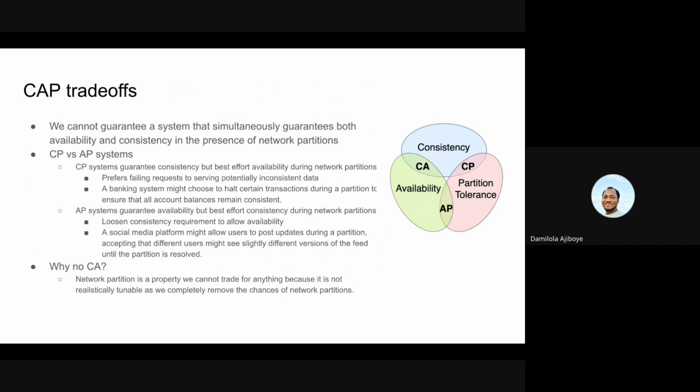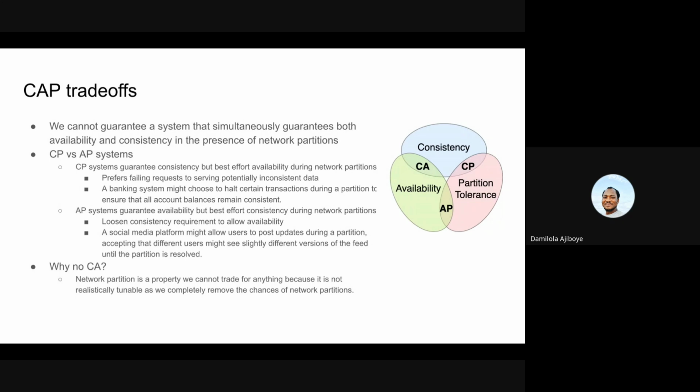One is CP. If you look at the diagram on the right, you see the set that we have. CP means you want to guarantee consistency in the presence of network partitions, but you only guarantee best effort availability. Best effort means if there are no network partitions, you should have availability, but you can't guarantee it when there are network partitions.